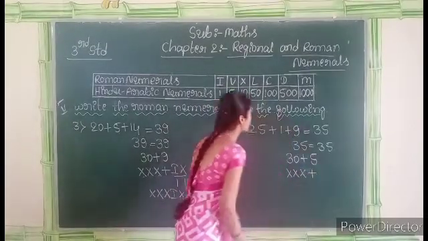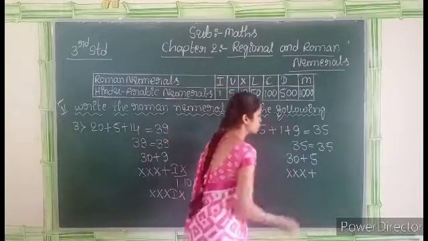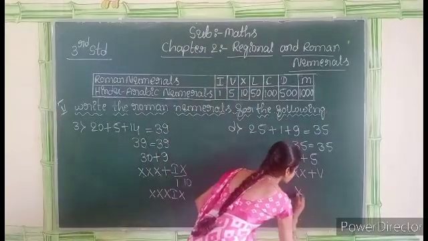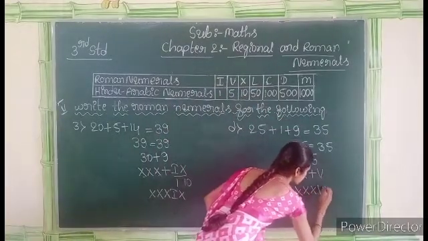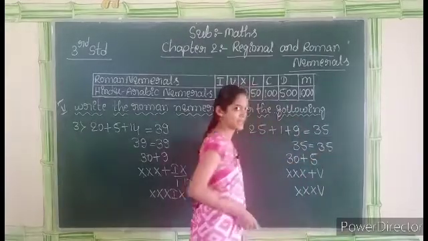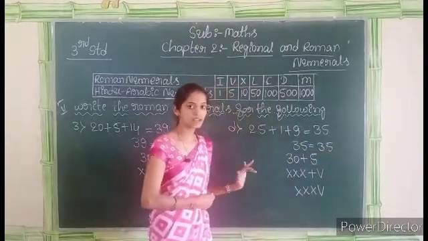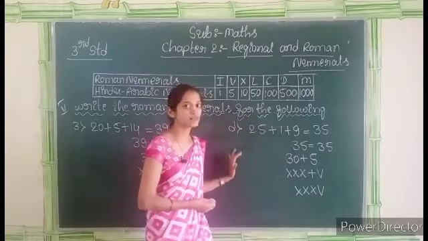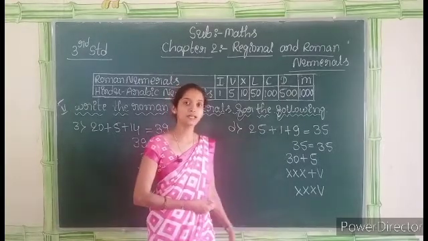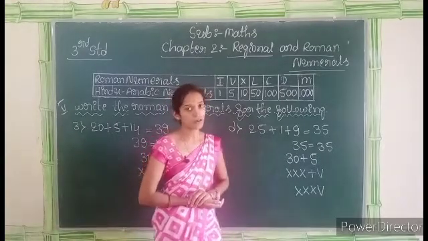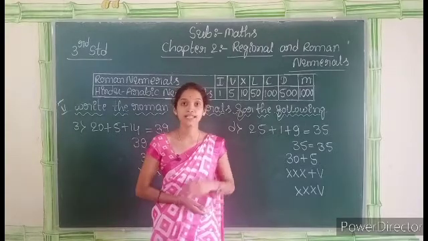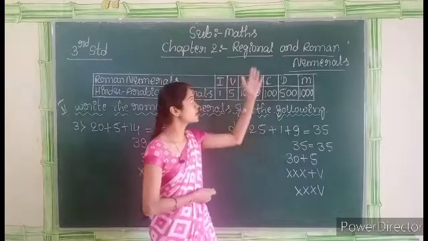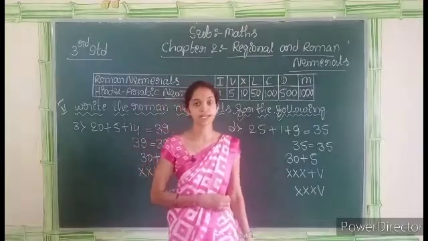For 5 we have the symbol V. XXXV represents 35. Okay, have you understood, students? Like this we can write the Roman numerals. This is all about the Roman numerals. Today we completed the Roman numerals chapter. Thank you.